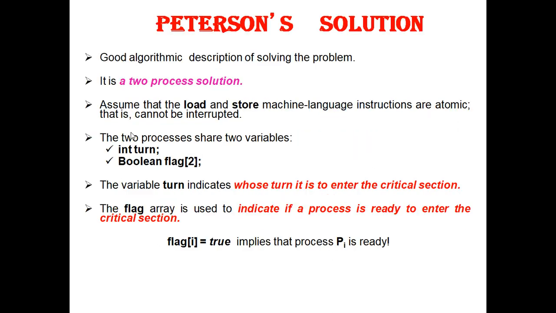Now next we shall see what is Peterson solution. Peterson solution is a good example for the critical section problem. It is a software based solution to the critical section problem, which is known as Peterson solution.